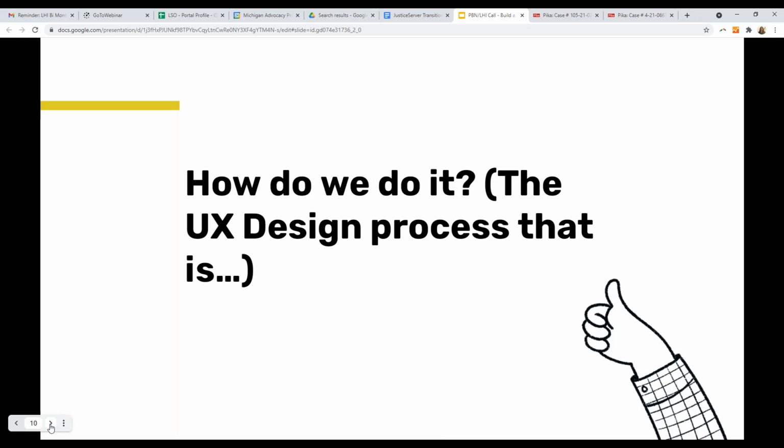So I'm just going to do a lightning round of how do we do it and give a high level of the process. The best practices report and the interactive version that will be released soon will dive deeper into the process as a whole. But when we talk about this process, I'd like to highlight that it is a continuous process, but there are also different places that you can jump in depending on where you're at.